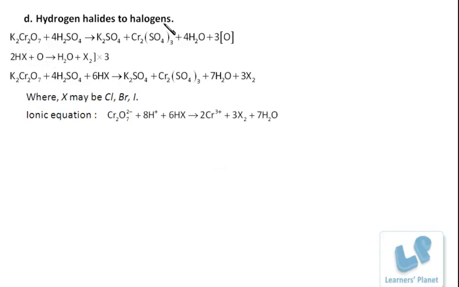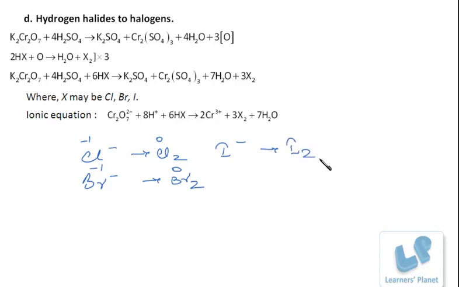Halides to halogens, like chloride to chlorine. The oxidation state of chloride is -1 over here and it's 0. It oxidizes, say, bromide to bromine, Br2. It is -1 to 0. And iodide, that is I minus to I2.